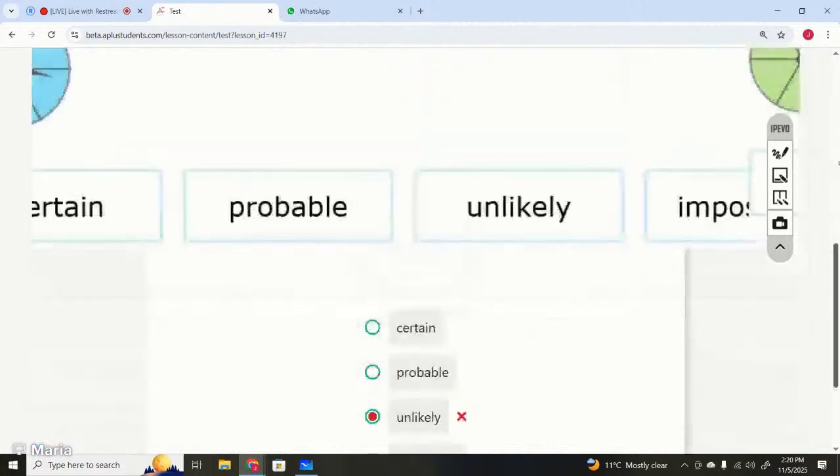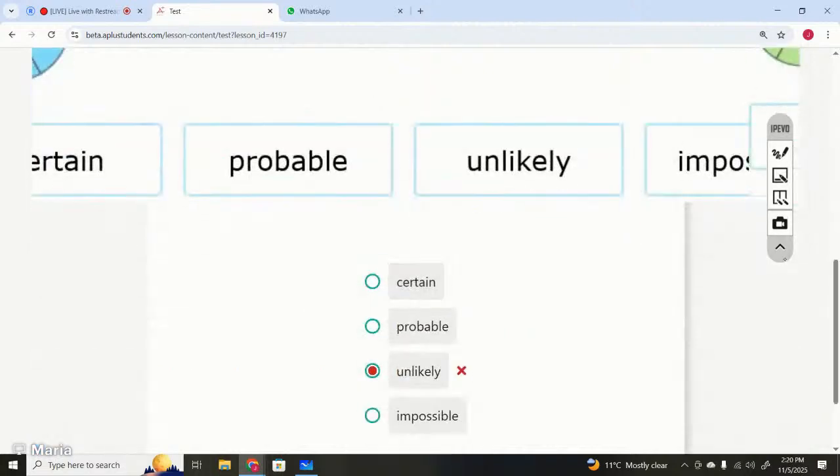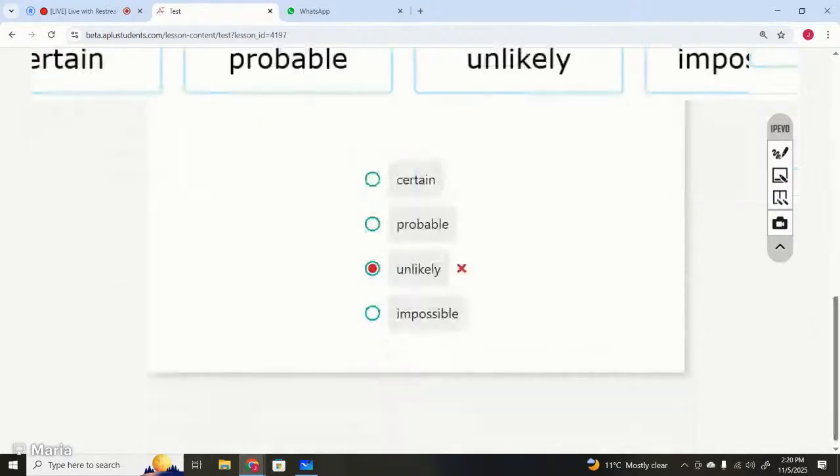We are given four words here: certain, probable, unlikely, and impossible. Certain means whenever you spin, you will land on the same color. This happens when the whole spinner has exactly the same color, right? If the whole spinner is green, whenever you spin, you will land on green.